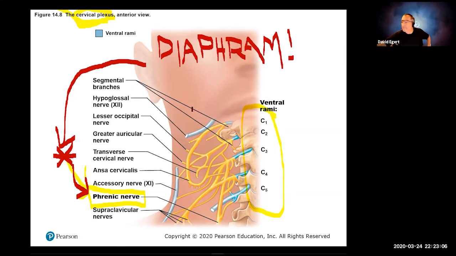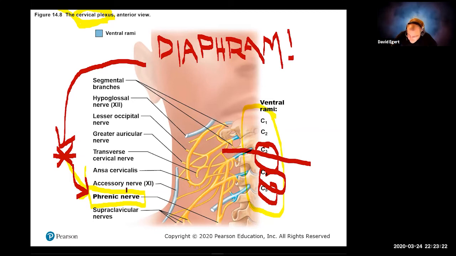Right. So right here, C3 through C5 are the ones that give rise to the phrenic nerve. In fact, I can give you the goofy little thing people talk about.